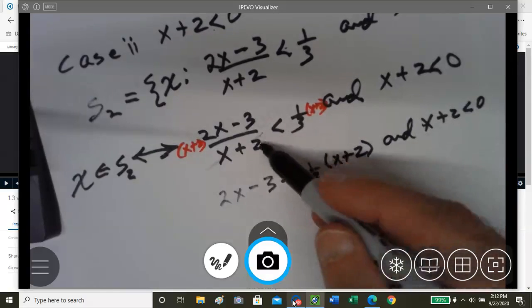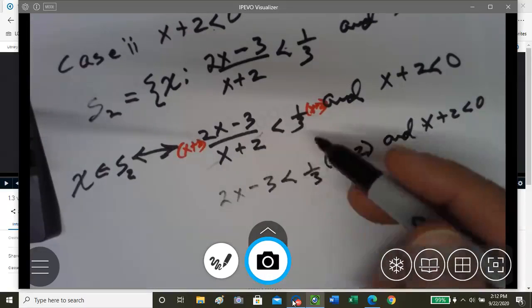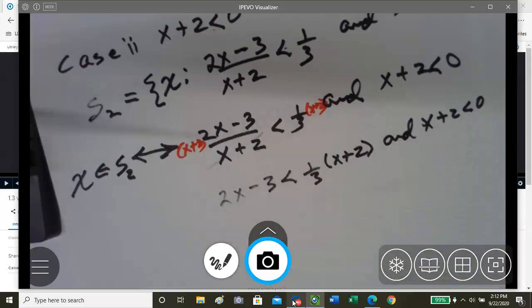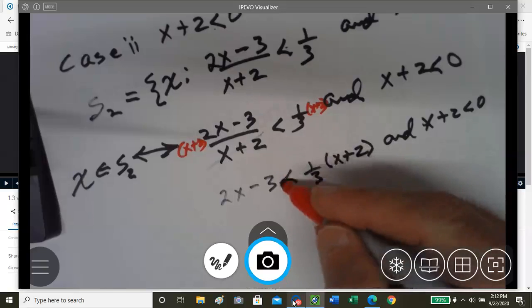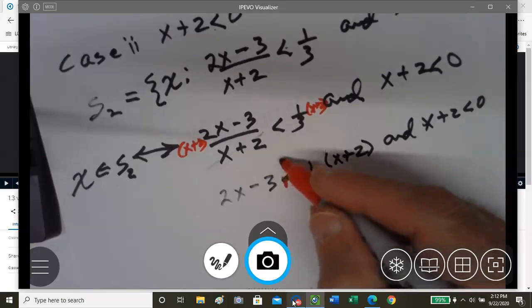But because x + 2 is less than 0, that is going to switch that inequality sign.